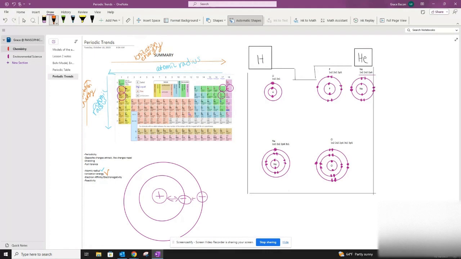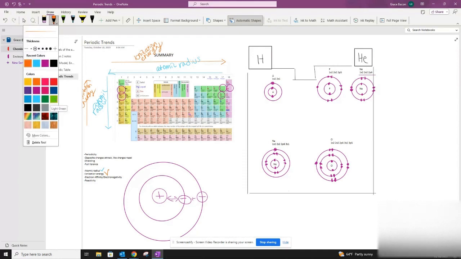Next, we have electron affinity or electronegativity. They are two different things, but we can really kind of think of them in the same way. They're just how strongly is this atom going to hold on to electrons? How strongly is it going to pull other electrons toward it? And so if we think about fluorine, it really wants this one extra electron, so it's going to kind of work in the opposite way that ionization energy is.